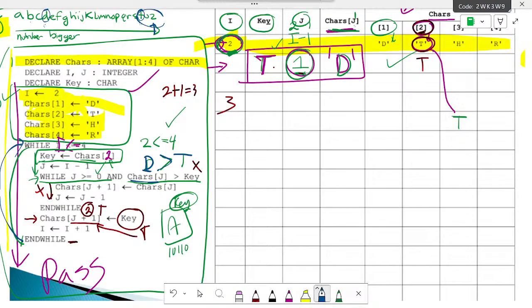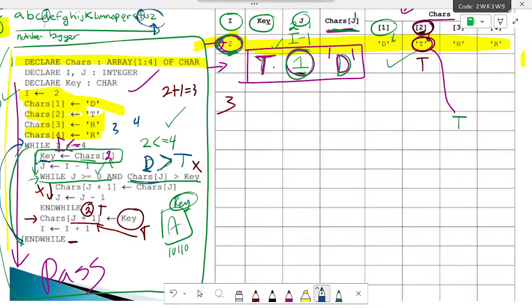We're right here. Is 3 less than or equal to 4? Yes or no? Yes. And so that means that we have to do the loop one more time, okay?